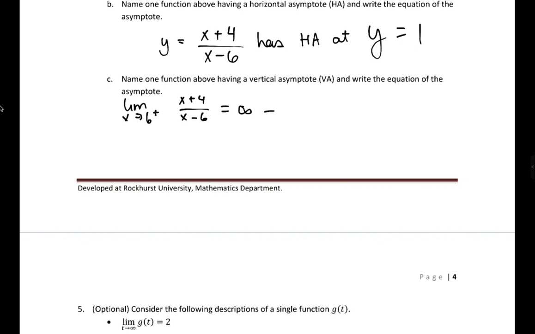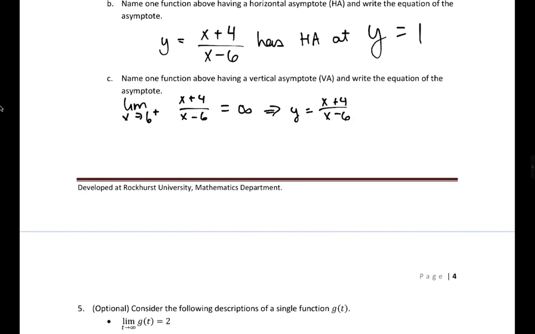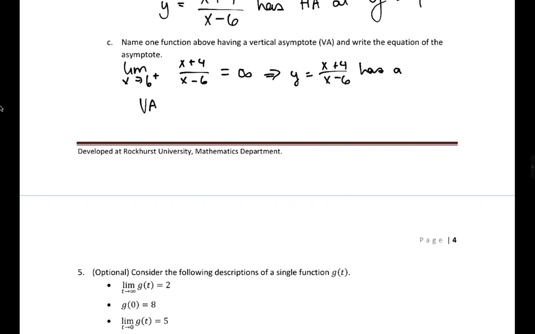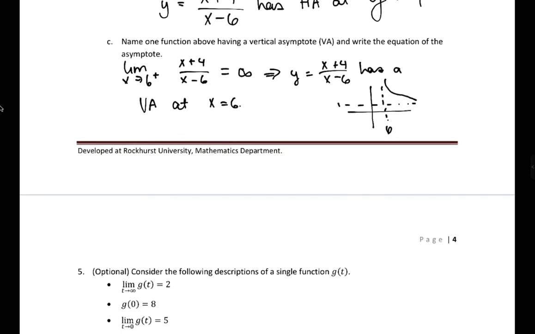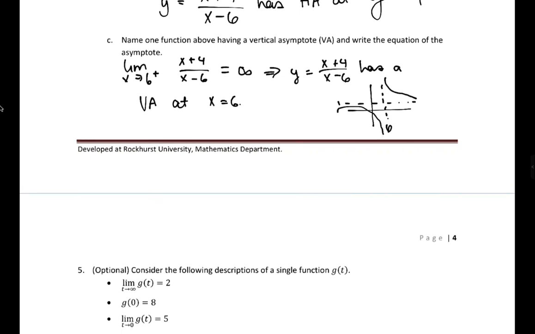So this means that the function y equals x plus 4 over x minus 6 has a vertical asymptote at x equals 6. Okay, and in fact, if you graph the function, this is at x equals 6 and y equals 1, and the graph looks something like this, okay? So that's the whole picture of it.